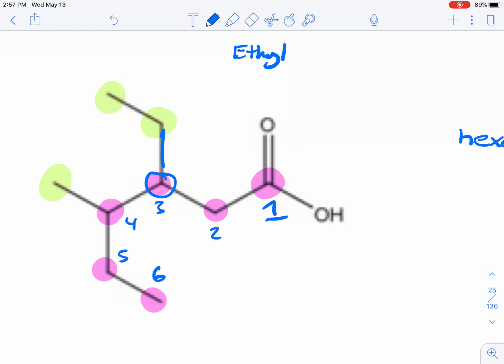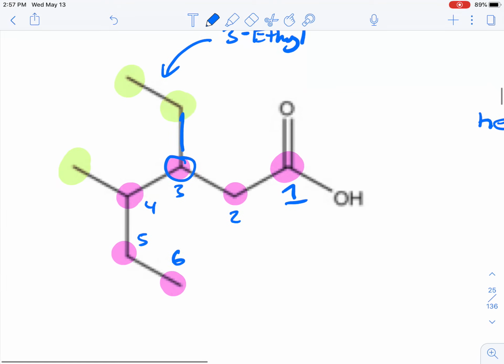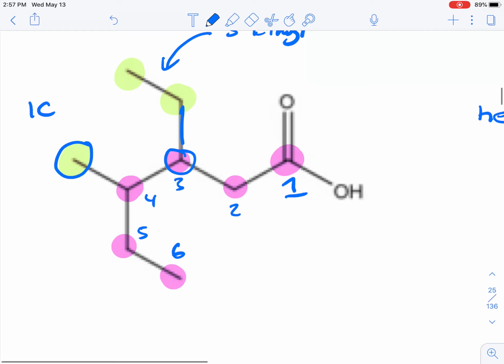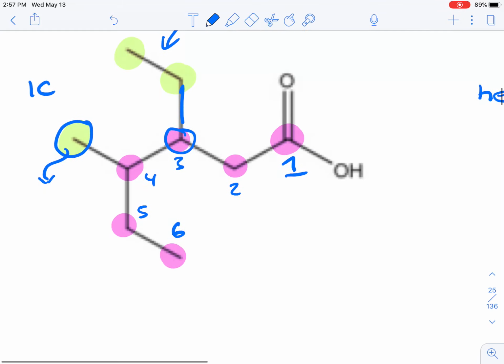And so I'm going to just write 3-ethyl to represent this piece. And so looking at the next substituent, here I have a 1-carbon substituent. And therefore, it's going to be a methyl, and it's covalently bonded to the 4th carbon. So this is going to be 4-methyl.